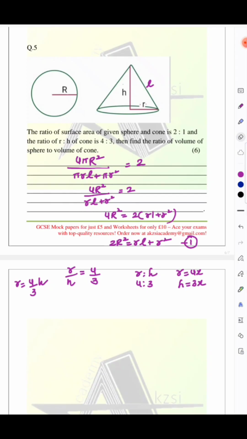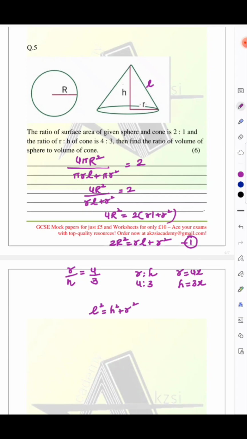Either will work. So one thing we know is that this forms a right triangle, and the hypotenuse is your slant height, the L that I used. So L squared equals h squared plus r squared.